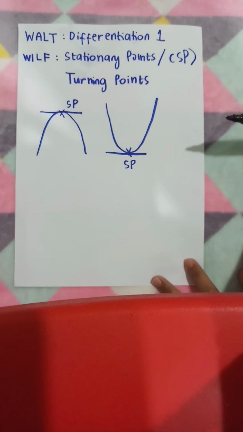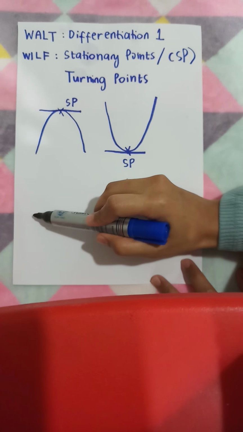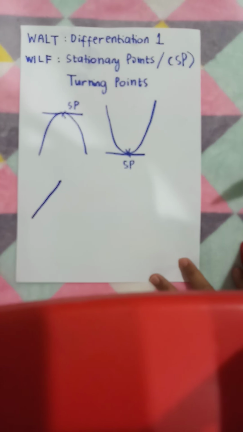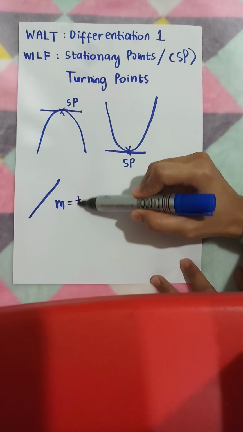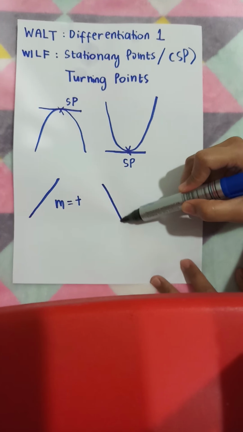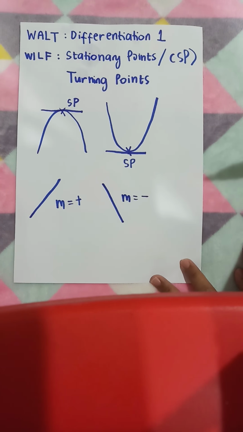We recap a bit. If you have that shape of line, what is the gradient? The gradient is a positive value because it is going up. If you have this shape of line, the gradient is a negative value.